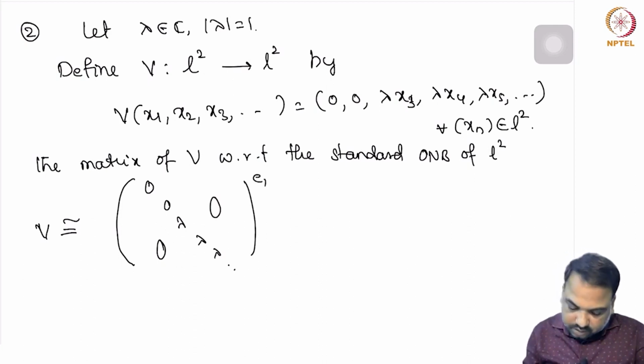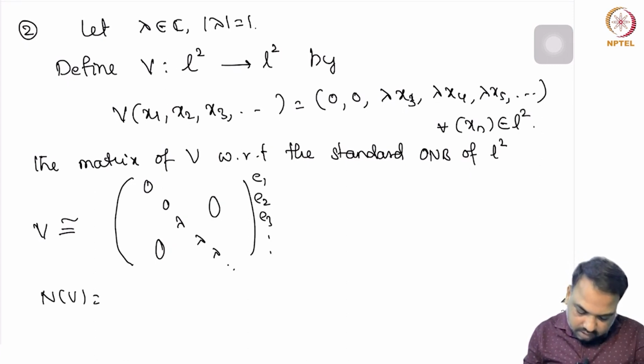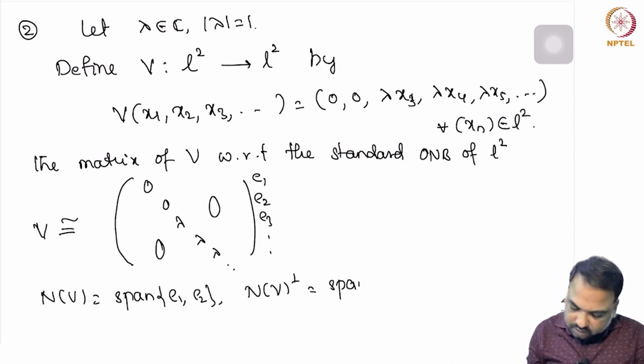So here this is E1, E2, E3 and so on. Now the null space of V in this case is the span of E1, E2 and the null space of V perp is the span of E3, E4, E5, and so on.